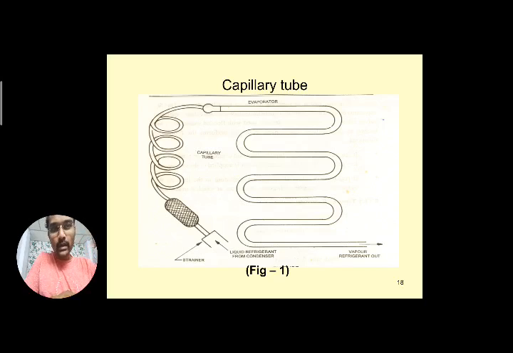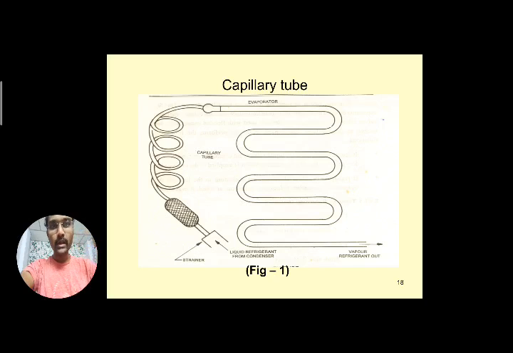The dryer has to be placed before running the refrigeration system. If moisture enters the expansion device, as I already told, it creates very low pressures and low temperatures. At those sub-zero temperatures, the moisture, which is nothing but water, will freeze and choke the capillary tube, which has a very small diameter.